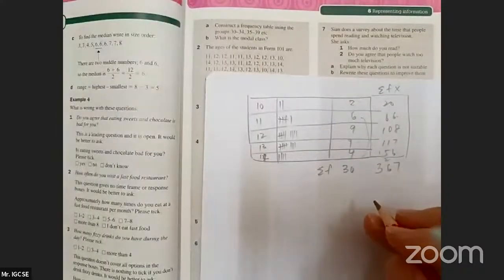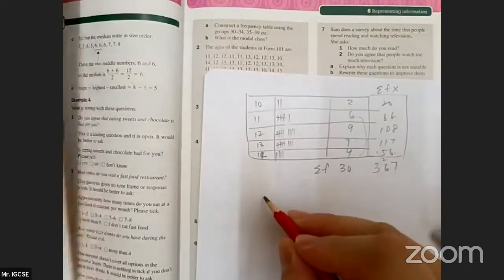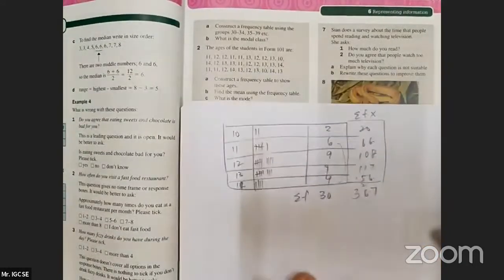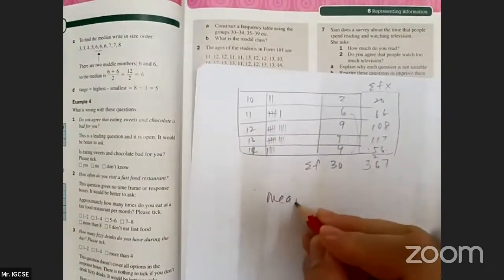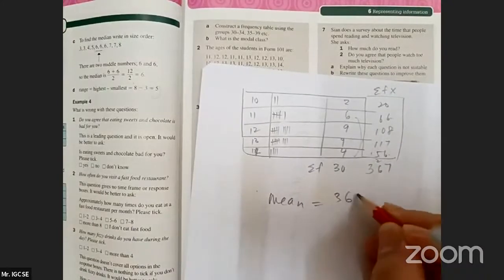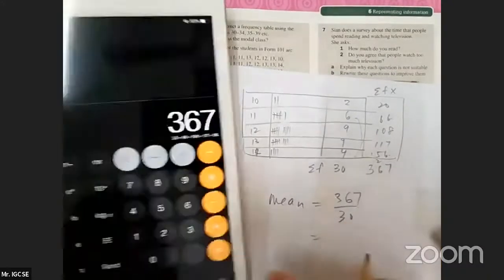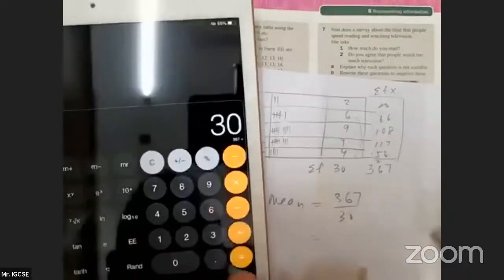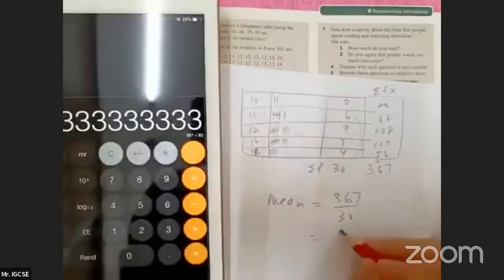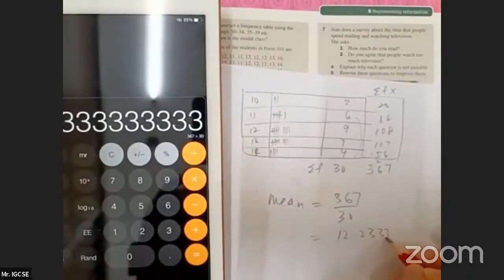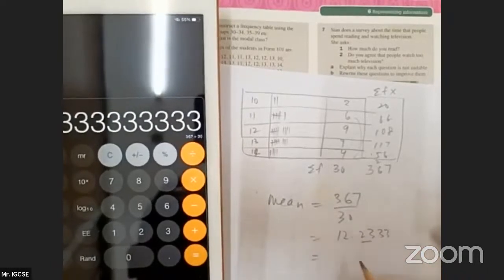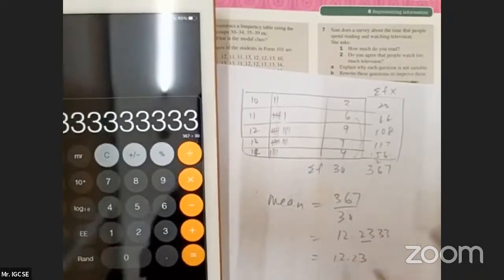Yes, correct. So our mean will be 367 divided by 30. So the answer is 12.2333. Rounded to 2 decimal places, it will be 12.23.